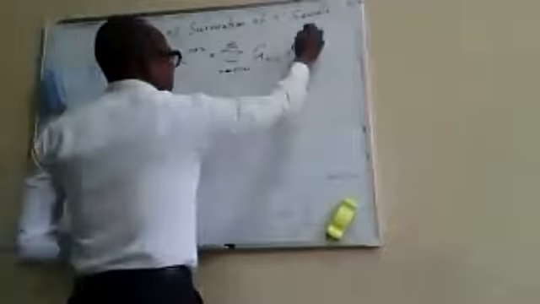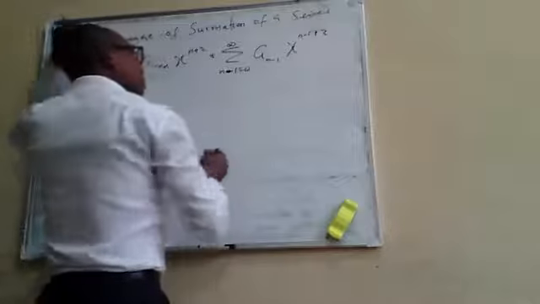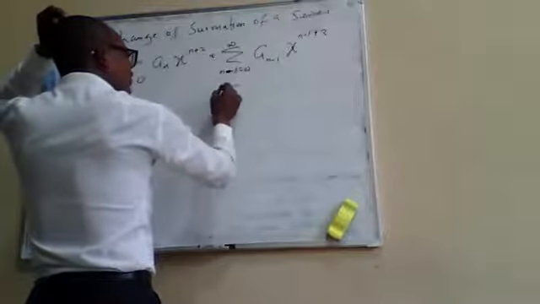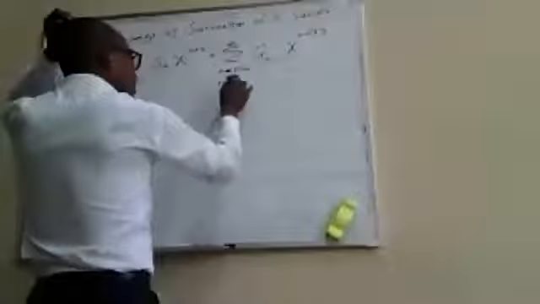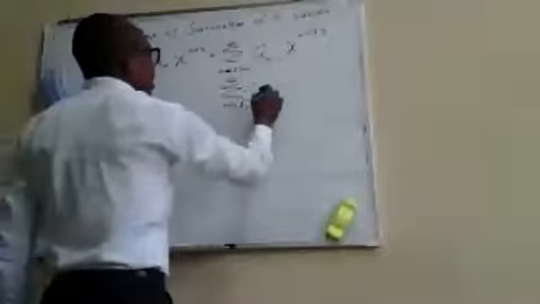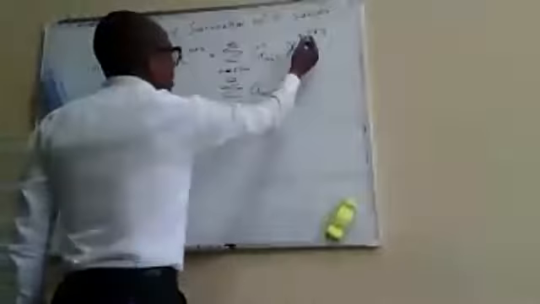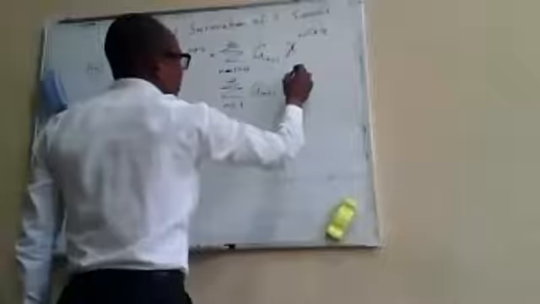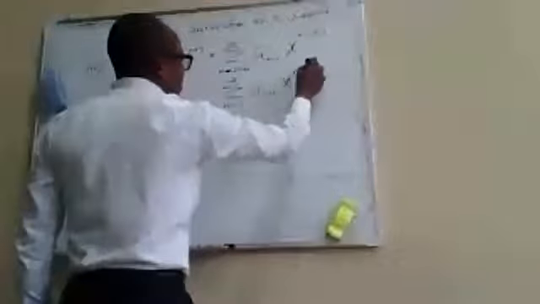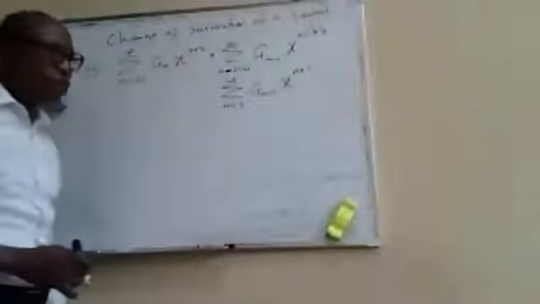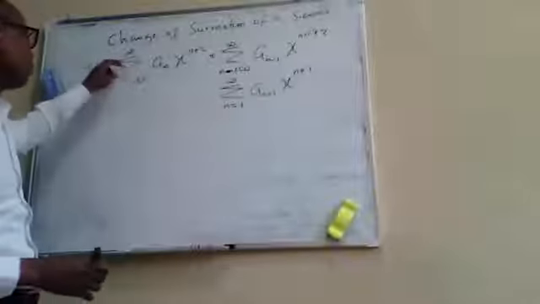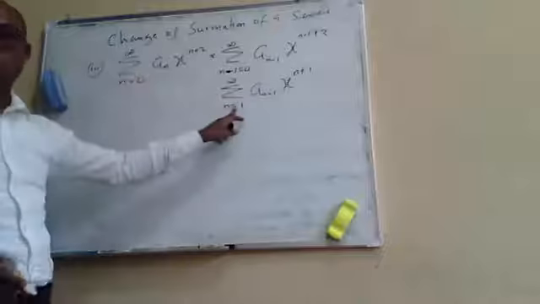When you look at this summation, I can say n minus 1 equals 0, so I can rewrite this as n equals 1 to infinity, a_(n-1) x^((n-1)+2). That will give us plus 1, so this is x^(n+1). So you can see that I've successfully moved the summation from 0 to 1.